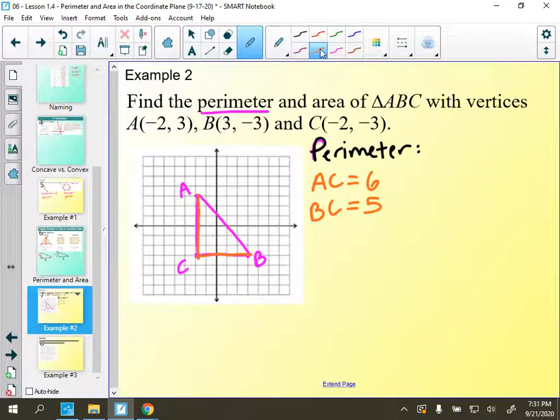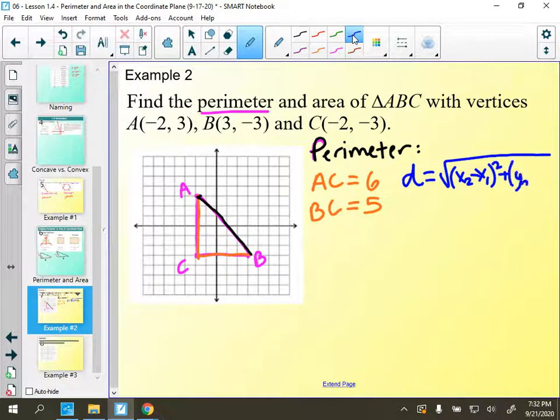Awesome. The last thing we need here is the length of segment AB. Now, unfortunately, I can't just start counting from A to B and go 1, 2, 3, 4, 5. It doesn't work like that when we have a line that's not vertical or horizontal. So I do actually have to use what we talked about last lesson, the distance formula. Remember, it's the square root of x2 minus x1 squared plus y2 minus y1 squared.